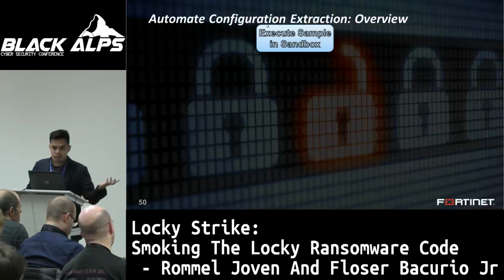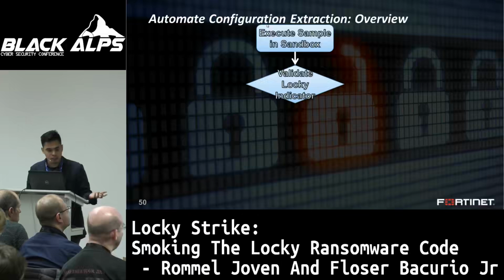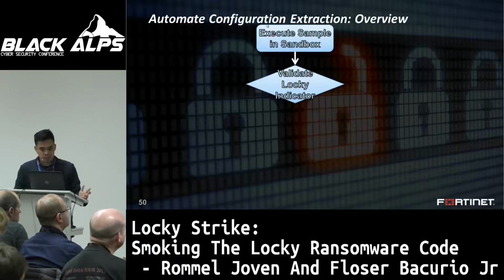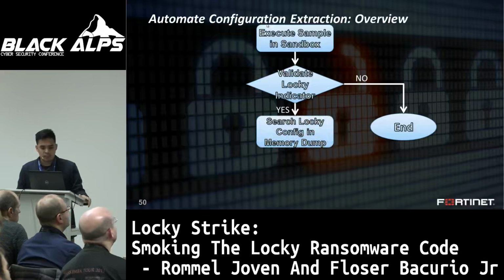We execute the sample in a sandbox. Since we already have the process memory dumped using the sandbox, we use a Yara rule to validate if it's Locky. This just works as a filter. If it's not, then we just end. If yes, we try to search for the Locky config in the memory dump.